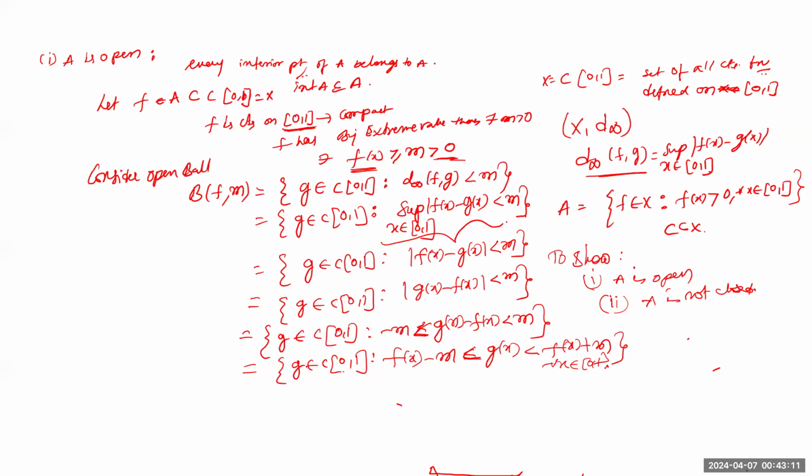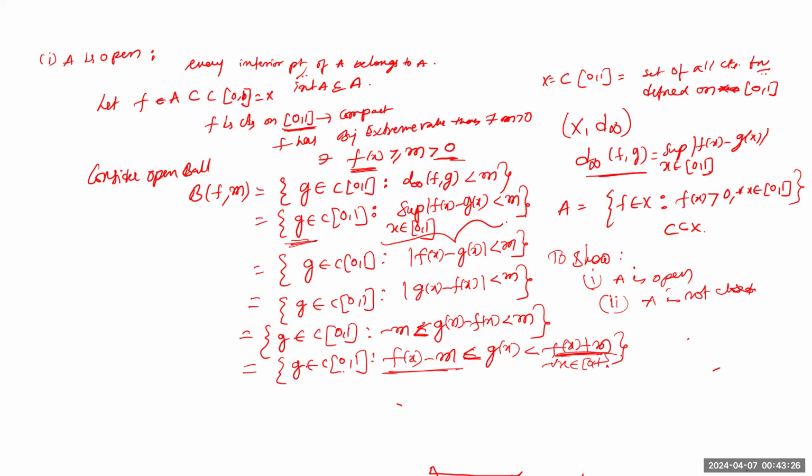So now this is my open ball. An open ball means all your g of x values lie in between f of x minus m and f of x plus m.